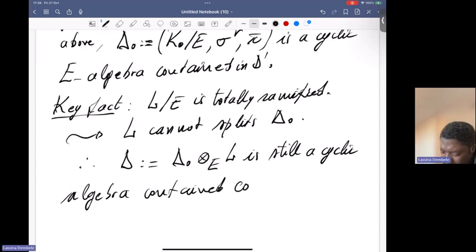It's a cyclic algebra which is contained in D prime, but in this case, it's a cyclic L algebra.